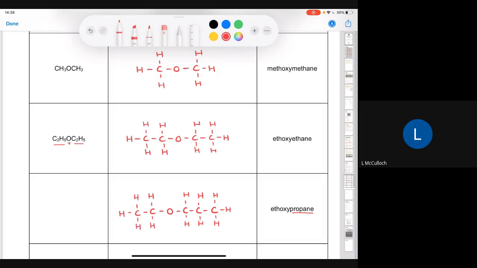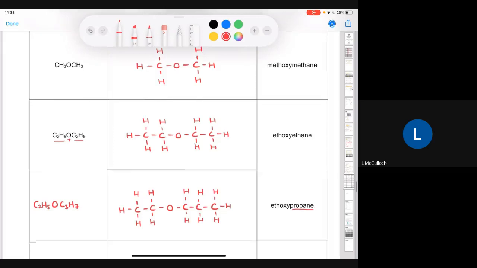And then for the formula, it's just counting the carbons and hydrogens on either side of the oxygen. So on the left side of the oxygen, I've got 2 carbons and 5 hydrogens, so C2H5, then an oxygen. And then we've got C3H7 on the right-hand side of the oxygen. So your formula there, C2H5OC3H7, and that's your ethoxypropane.